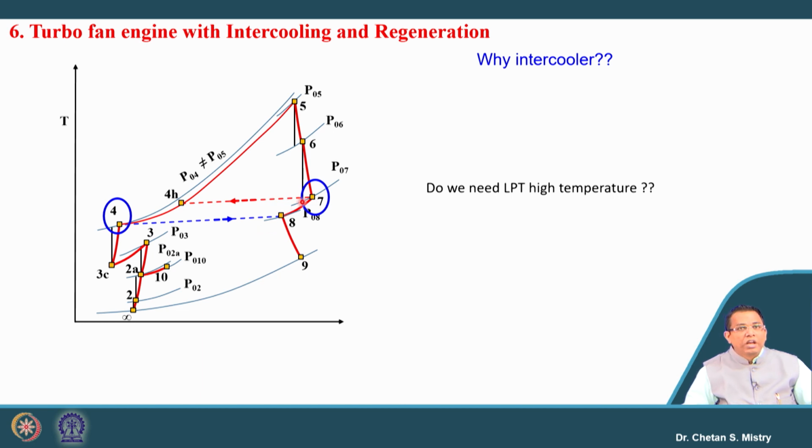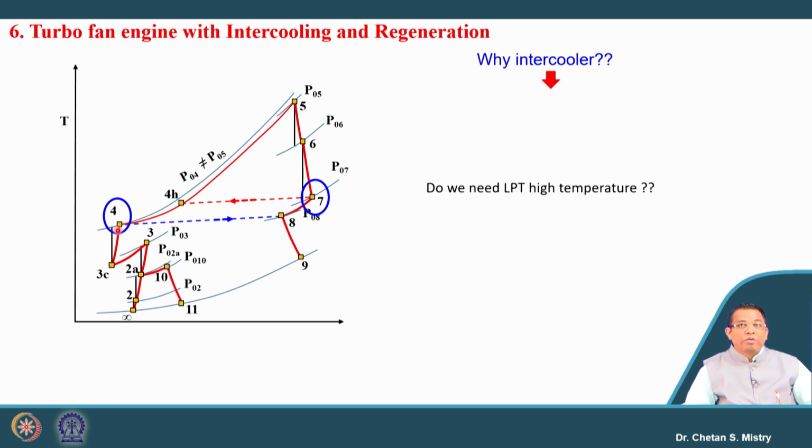In order to have effective heat exchange, effective heating and cooling, what is our requirement? There needs to be a sufficient temperature difference between the LP turbine exit and the HP compressor exit.